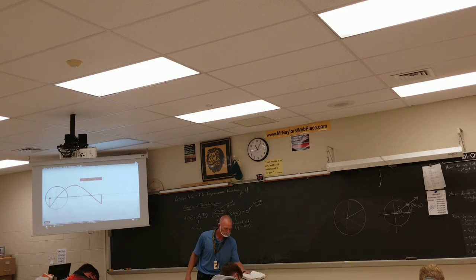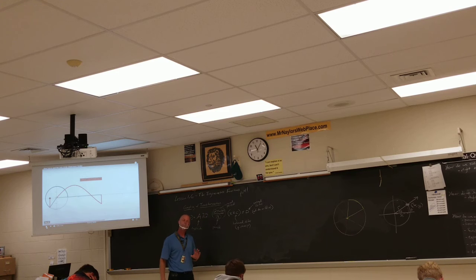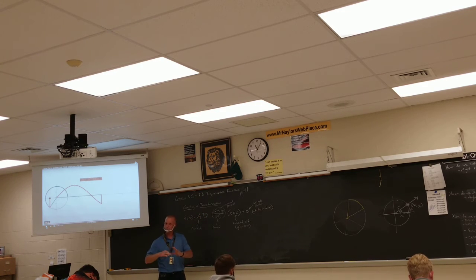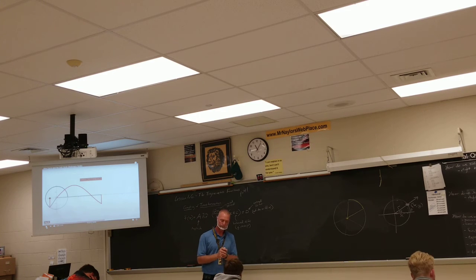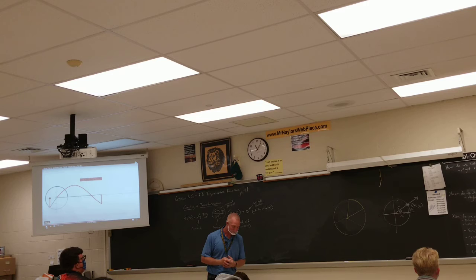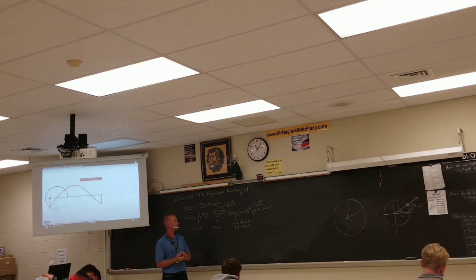When we talk about these fancy trig graphs, it's a vertical shift of the midline. And the midline is that horizontal line that travels through the middle of your sine wave and your cosine wave. It starts out as the x-axis, but maybe it shifts.